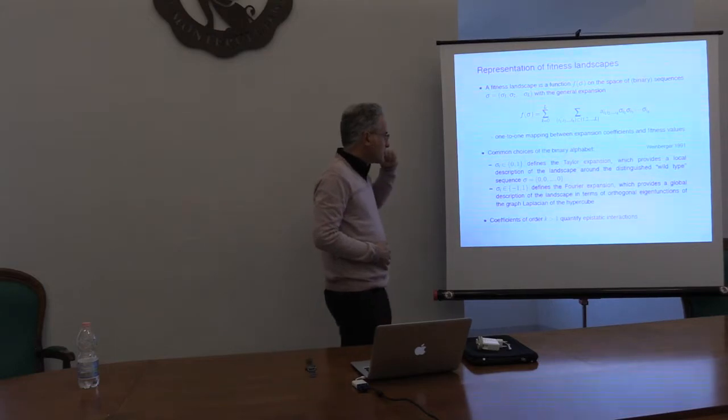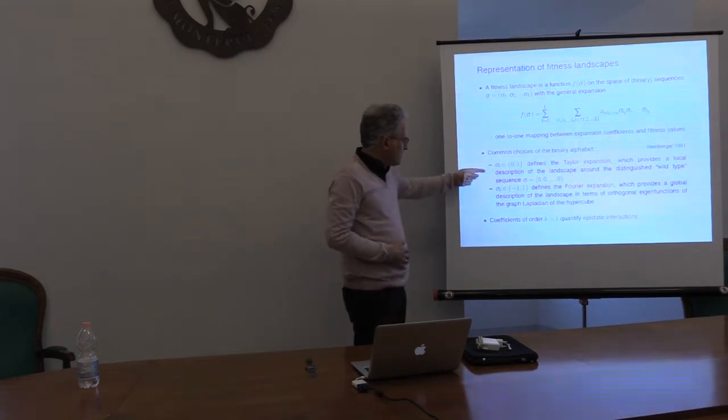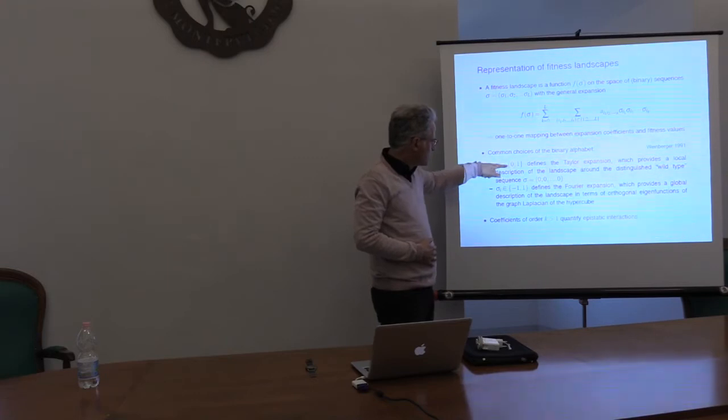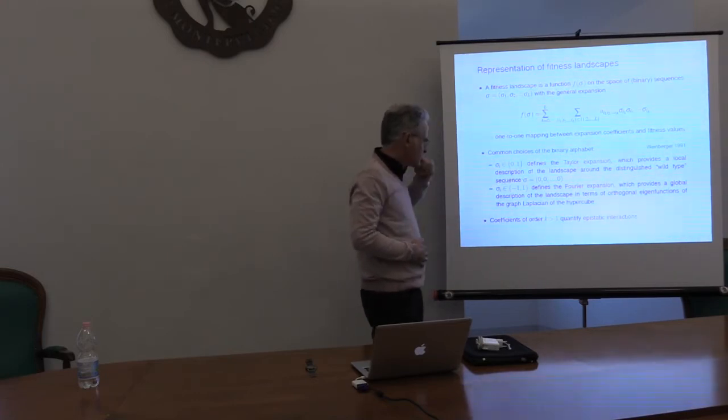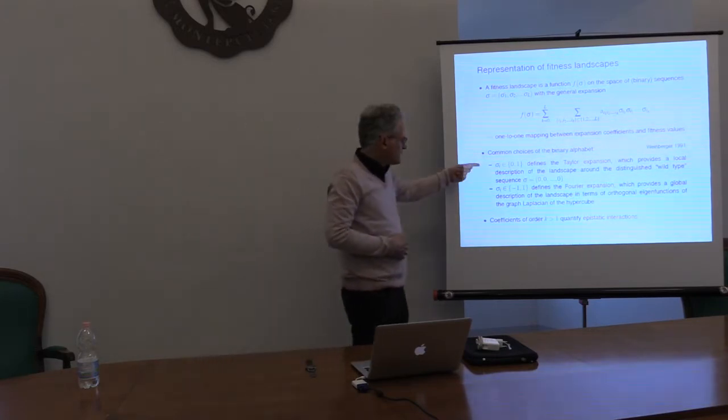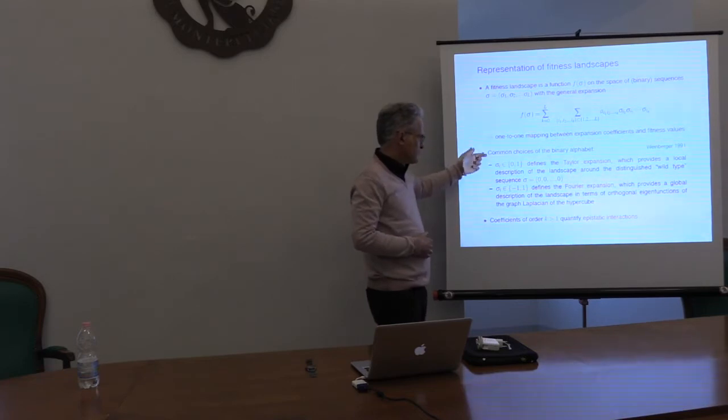There are two versions of this. In population dynamics, typically people like to use zeros and ones. From a physics point of view, one would like to use minus ones and ones. In a notation going back to Ed Weinberger, these are sometimes called Taylor and Fourier expansions, and the difference between the two is not entirely trivial.